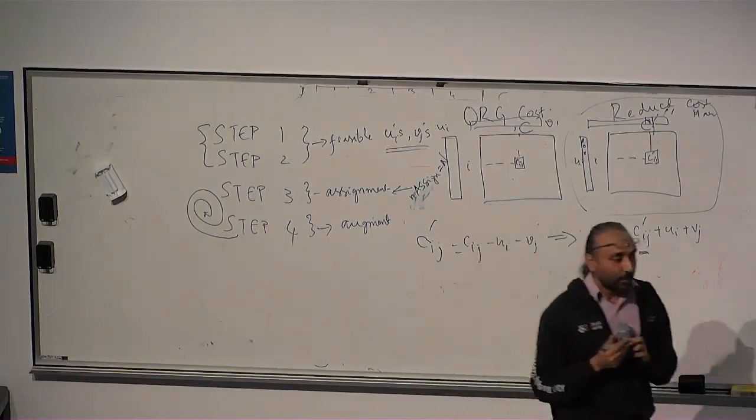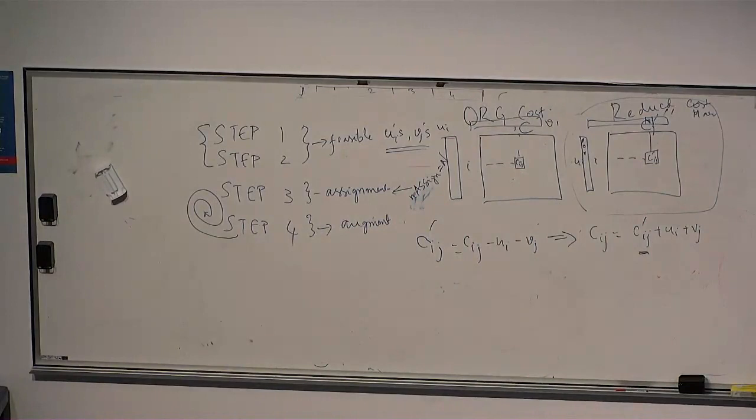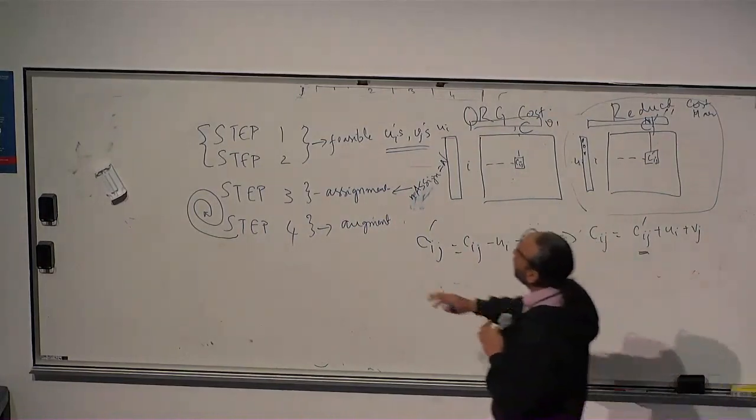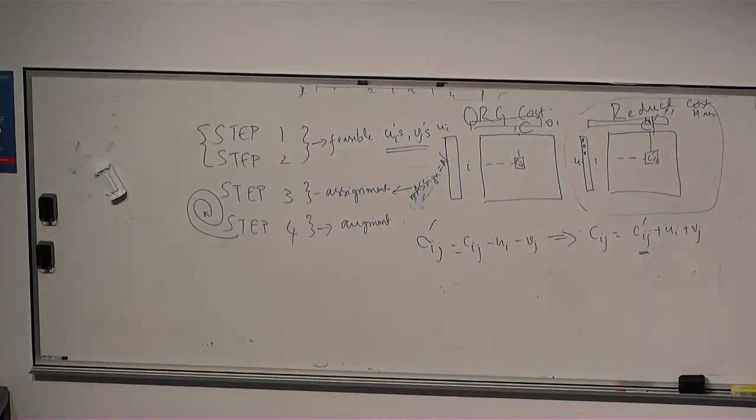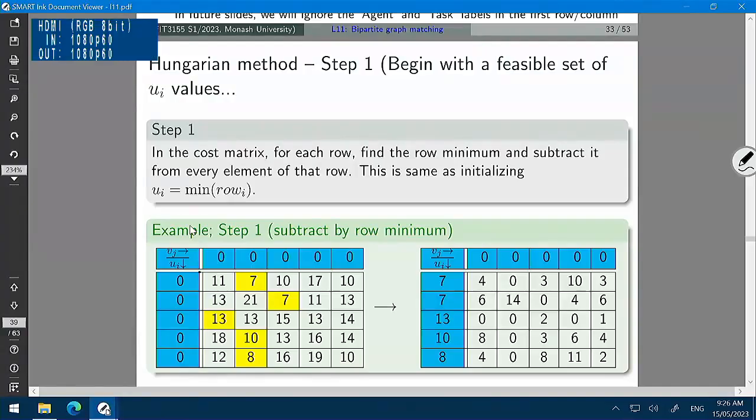Okay? Now, let's start with step 1 and step 2. How do I find feasible values of UIs and VJs? Initially, before we started anything, they are all zeros. When they are zeros, the first step is saying to reduce. By the way, your focus should always be on the reduced costs.